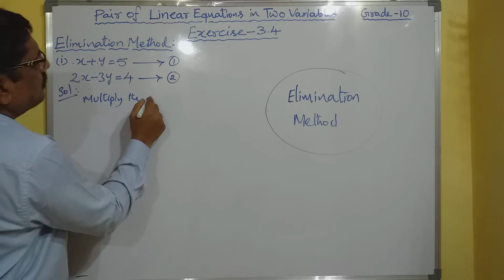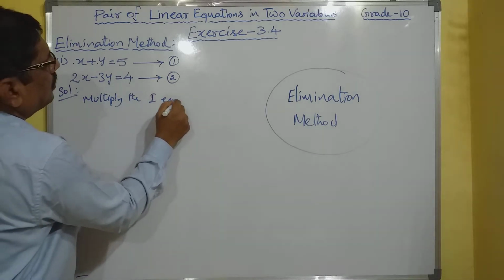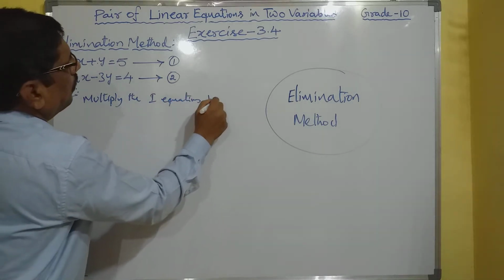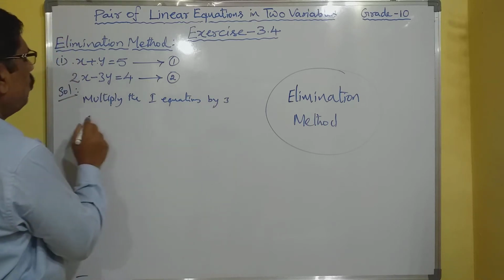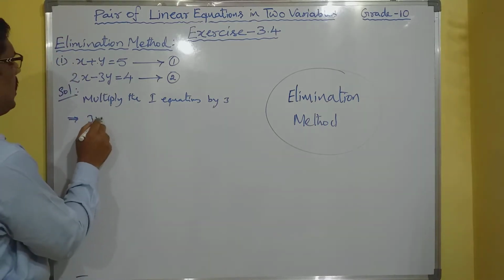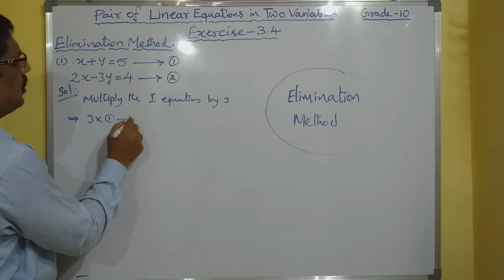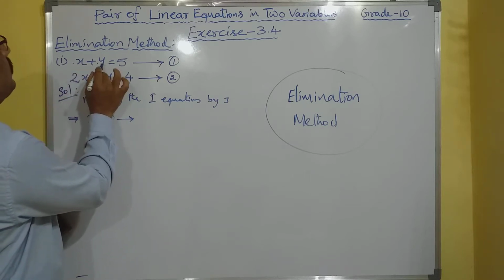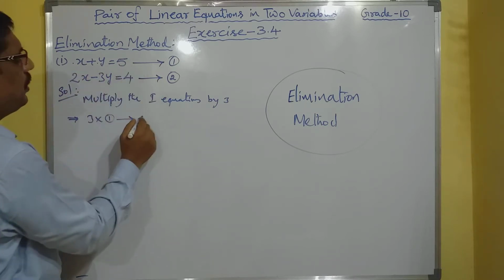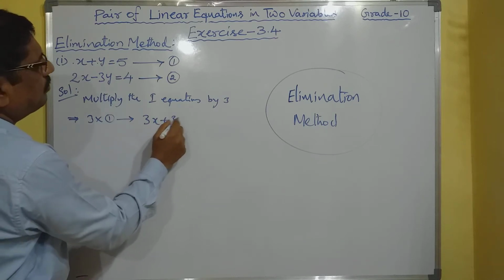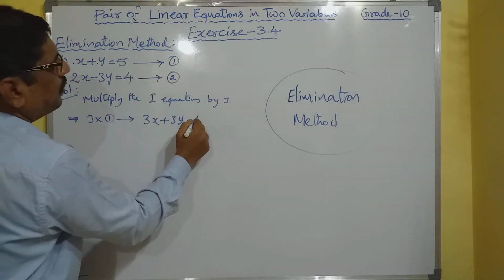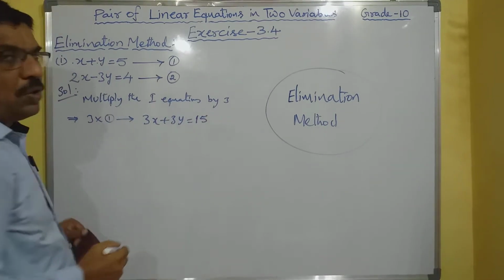Multiply the first equation by 3. So we get 3 into x plus 3 into y is equal to 3 into 5. 3x plus 3y is equal to 15.